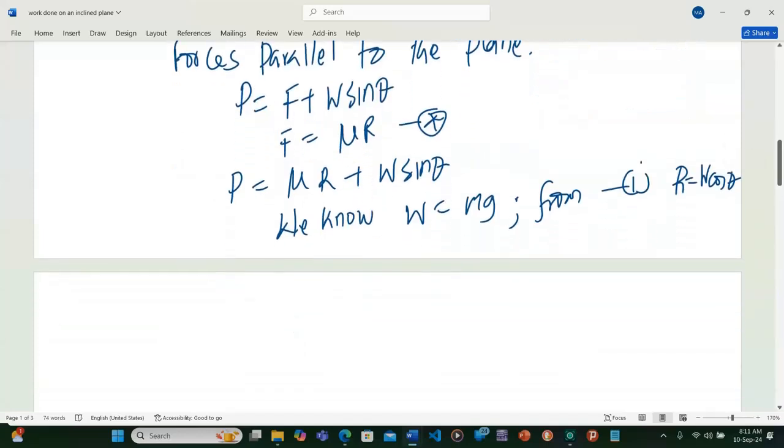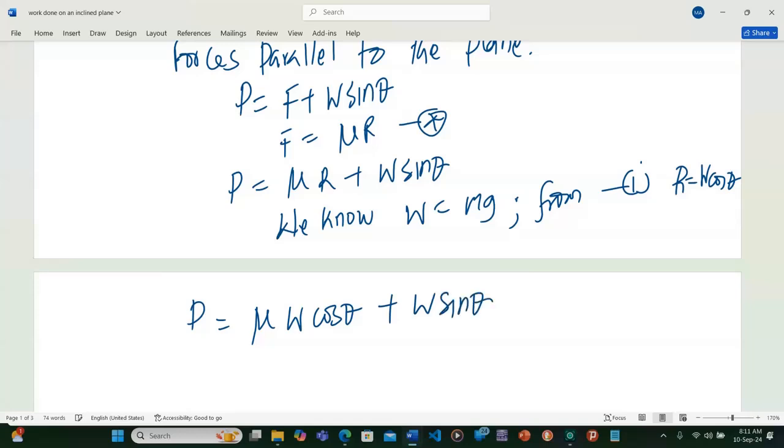So what does that mean? Our P will equal mu R, whereby mu is the coefficient of friction, times R. R is the same as W cos theta, plus W sine theta. But we said W is equal to mg. So what does that mean?